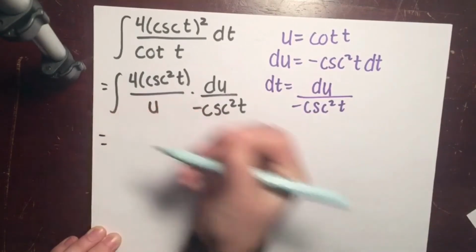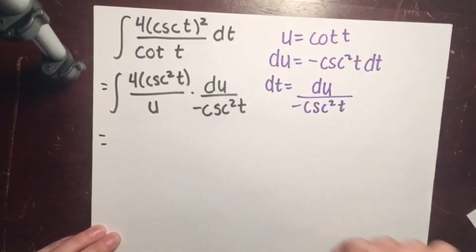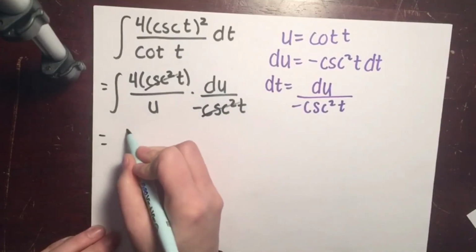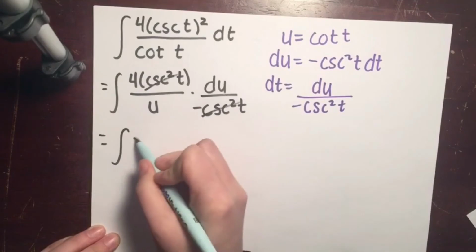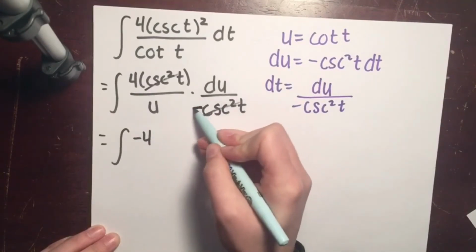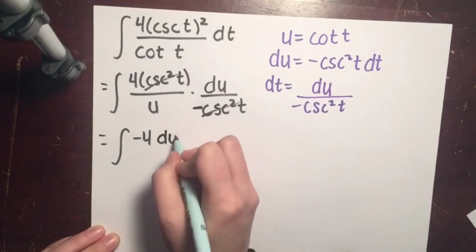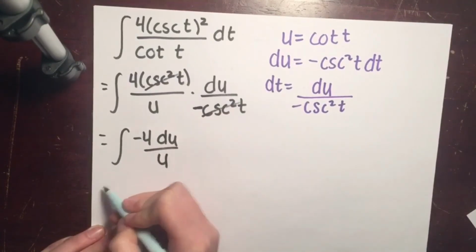Now check it out: cosecant squared of t is in the numerator and the denominator, so we can cancel these out. We are left with the integral of -4, because we have this negative hiding, -4 du over u.